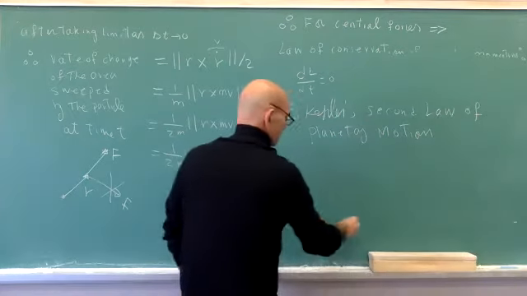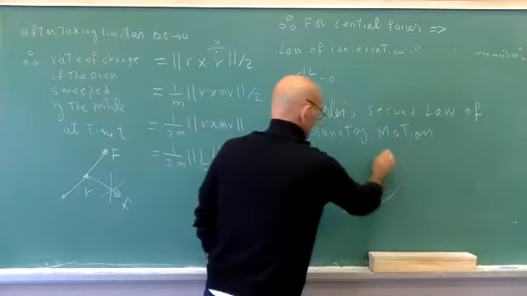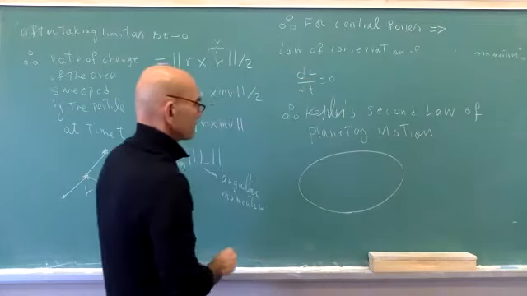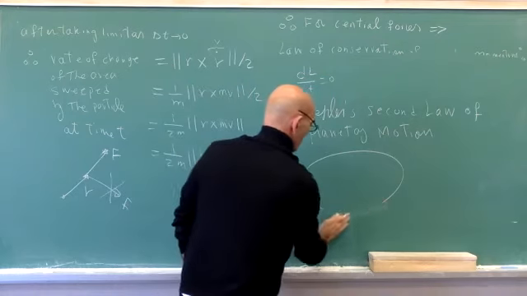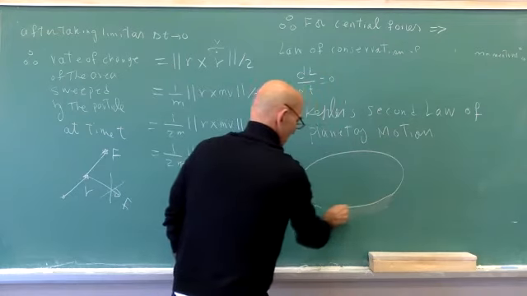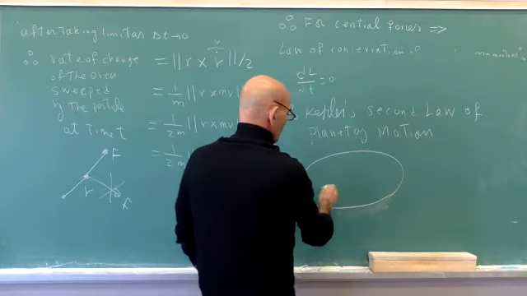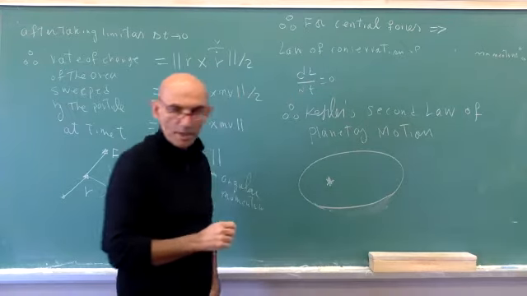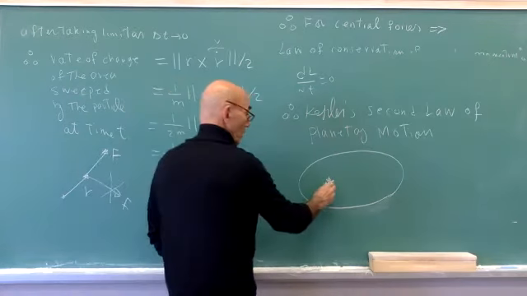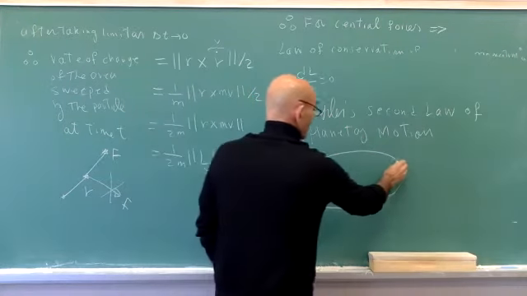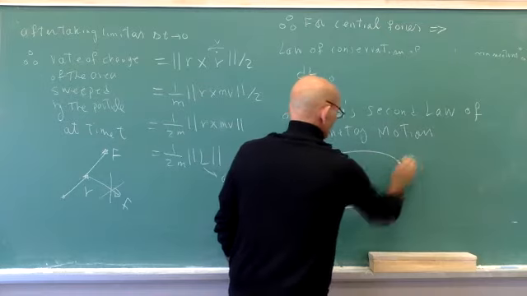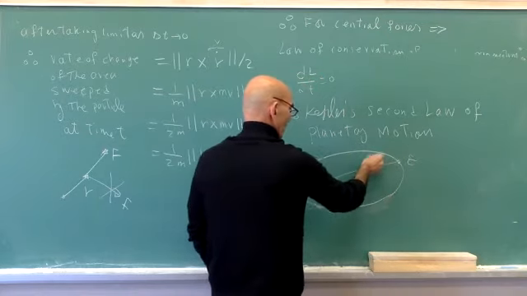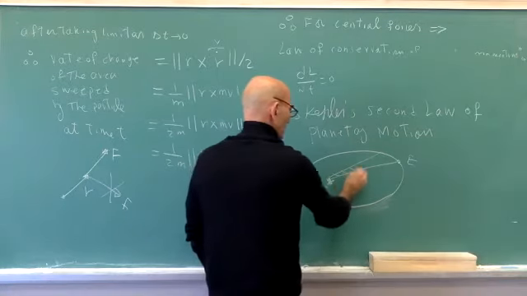Here is an ellipse. The sun is at one of the foci of the ellipse. This is the sun, and say Earth is here. It's moving, and it sweeps areas as it moves.